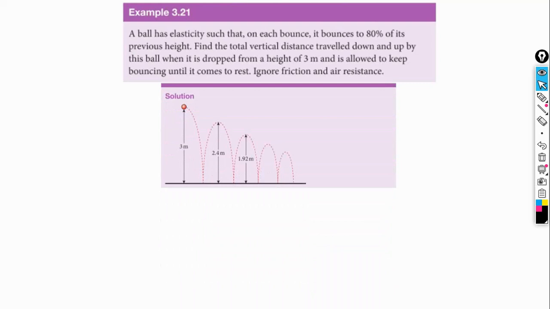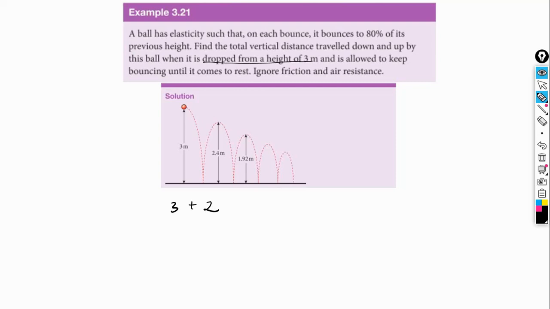So notice that what they're doing here is dropping the ball first, right? It says the ball is dropped, right here, dropped from a height of 3 meters. So that means that first the ball drops 3 meters. Then after that, we have to consider that it's going to bounce up and then back down. So that means that we would have to multiply the following by 2.